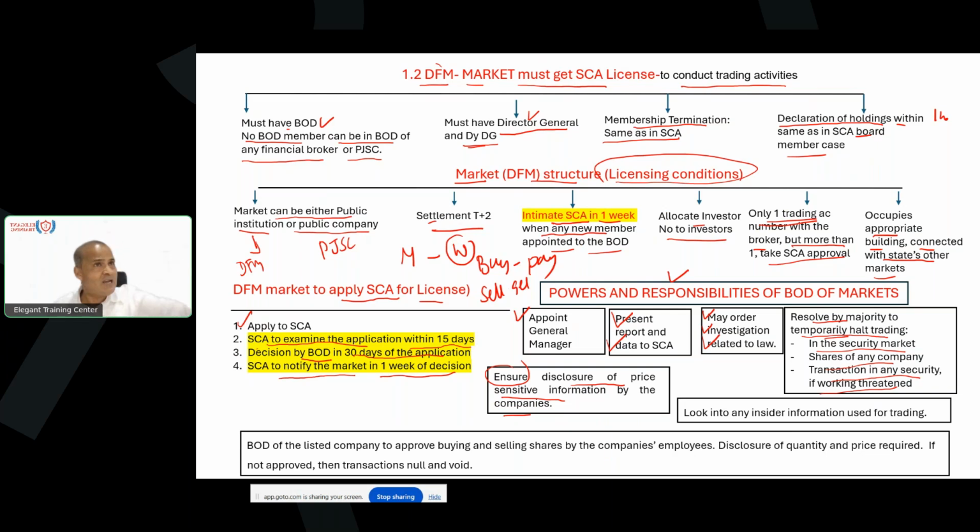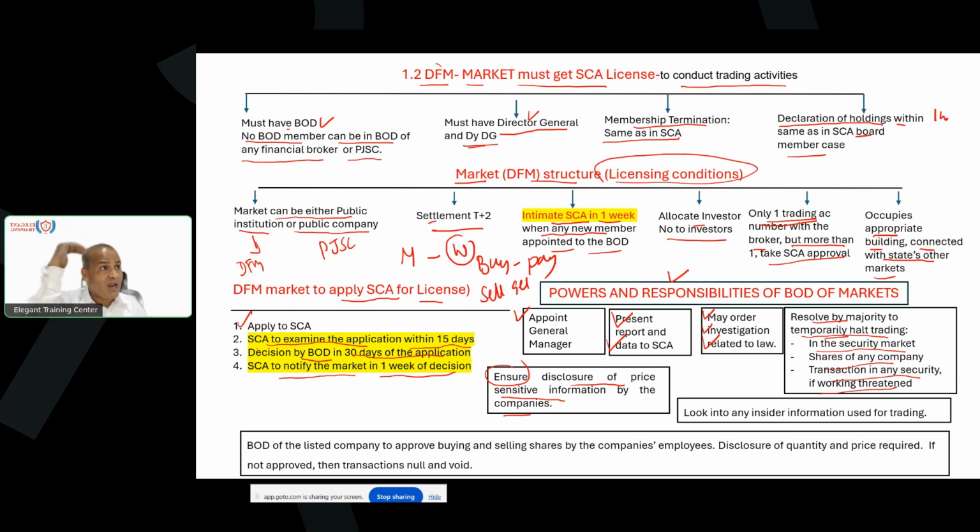So any information a company has which could have a bearing on the price must be disclosed to the market. So it is the market's responsibility to ensure that all the news by the companies which are having a bearing on the prices must be disclosed, because those companies are owned by the shareholders.